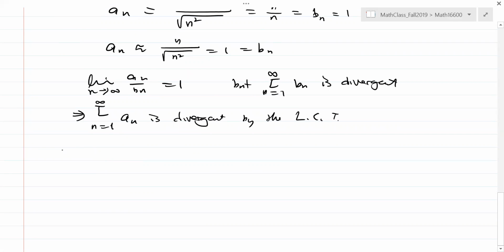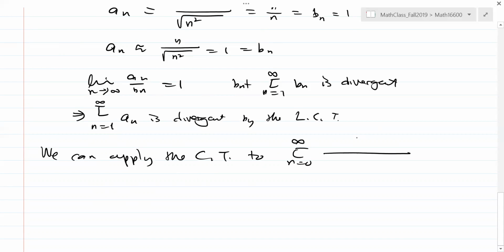Yeah, we can apply the comparison test to this series, no problem. This is when n starts from maybe 3, because I need an n squared minus, yeah, something like that. Okay, n starting from 2 is fine, not 1. At 1 it is 0. Then you can show this is divergent.